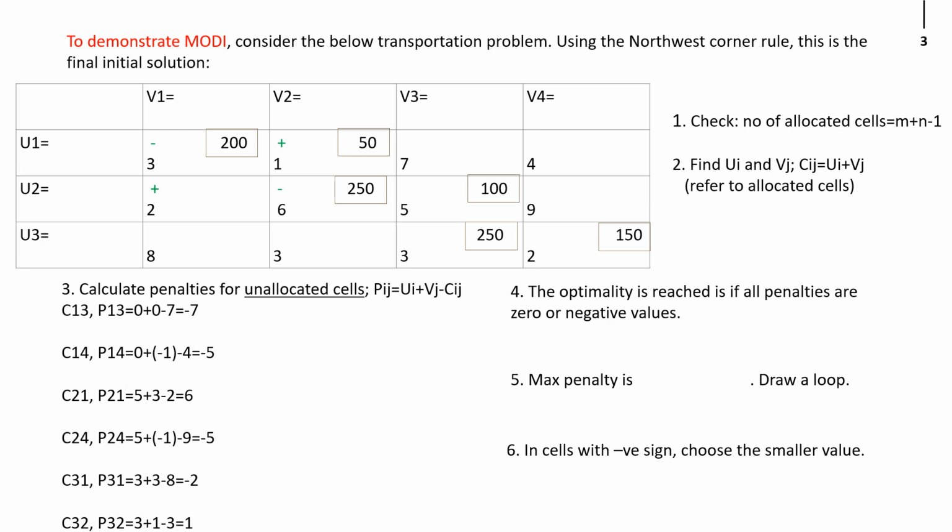Okay, to begin with, the first step is to check whether the number of allocated cells equals the number of rows plus the number of columns minus 1.